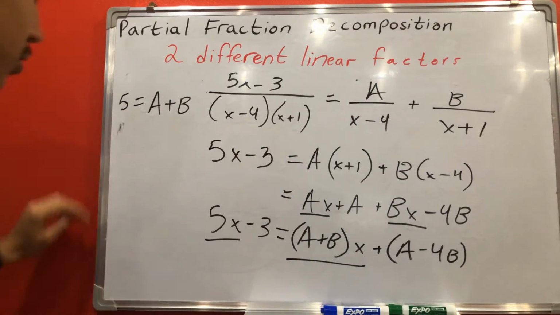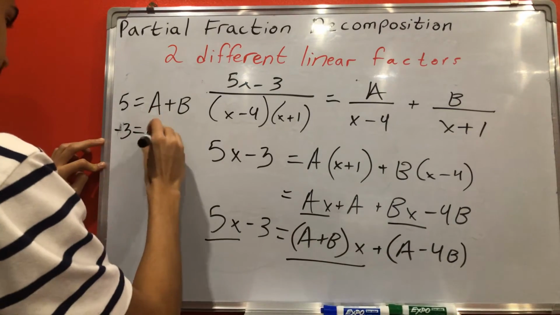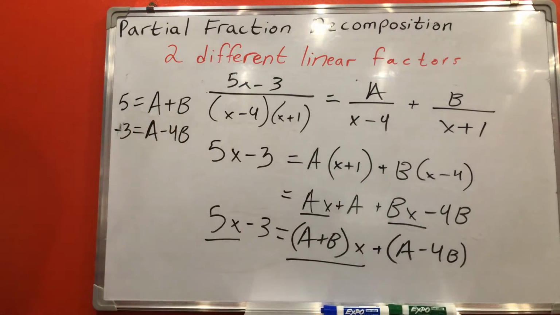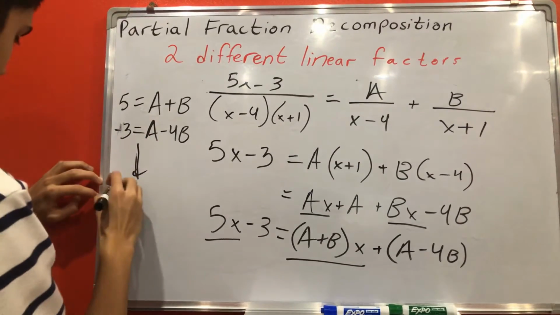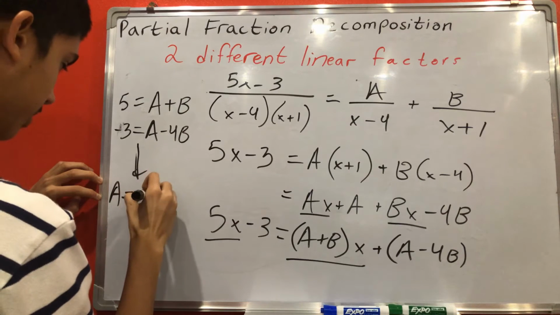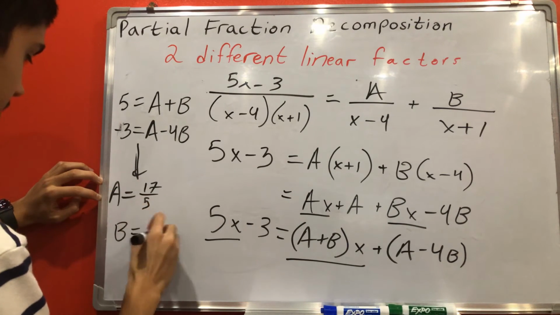And so we just solve this system of equations, and we'll get that A is actually equal to 17/5 and B is equal to 8/5.